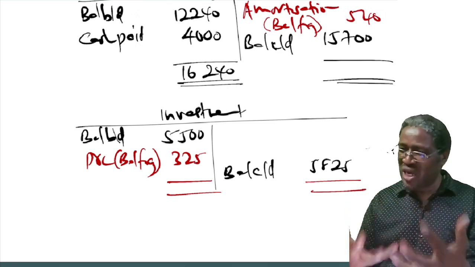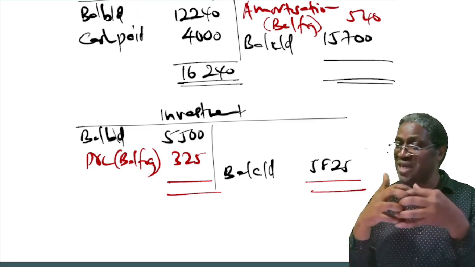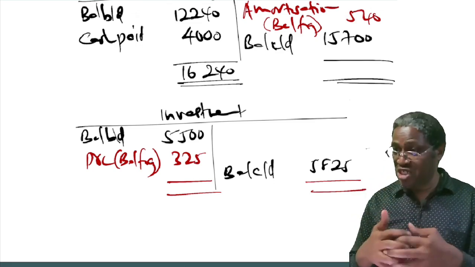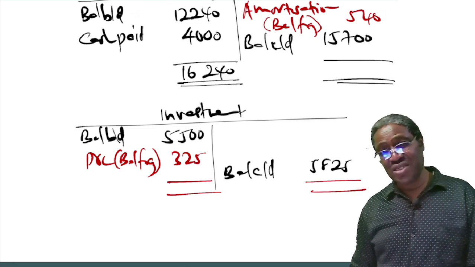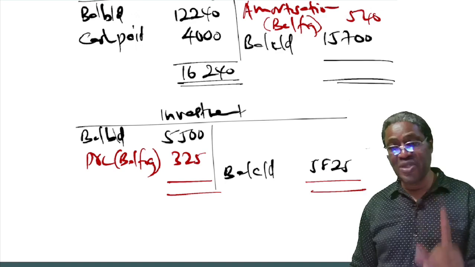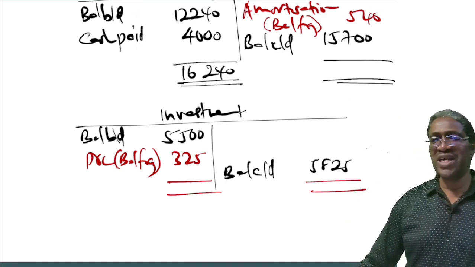Though it's a working capital item, it has its own place in the cash flow. Good. So that means we don't analyze it; we shall use it in a particular place.